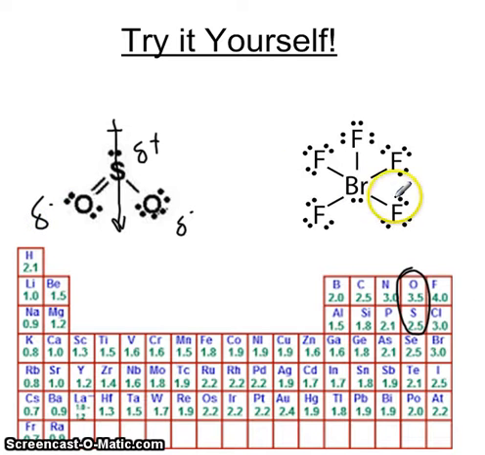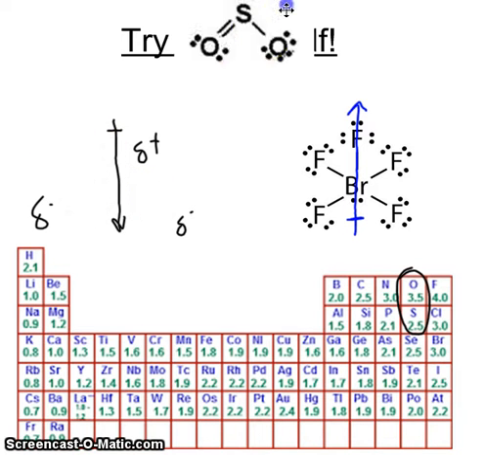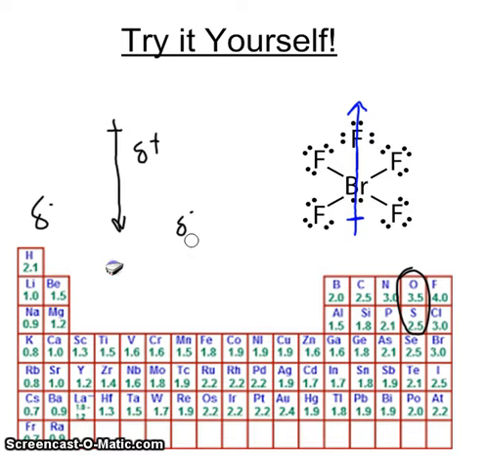So now we have bromine pentafluoride. This one's a little bit more interesting. So here, we're going to draw the arrow going right up through this, with a positive side down here closer to bromine. Now, I'm going to move some of this stuff out of the way because I want to show you this in 3 dimensions.